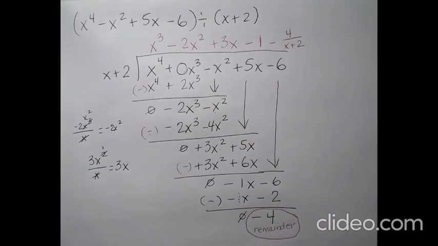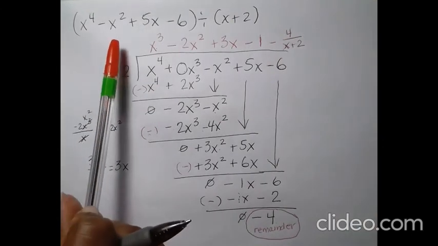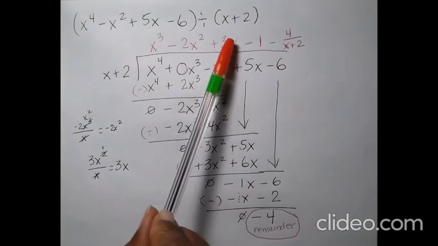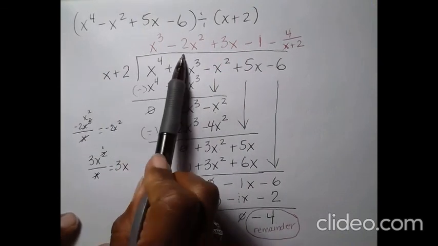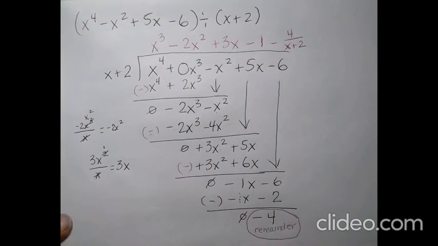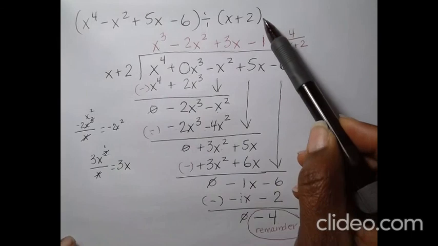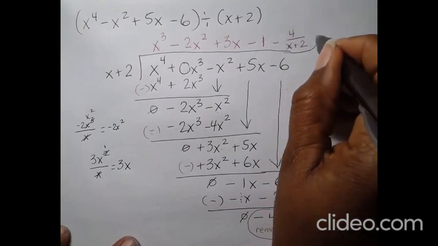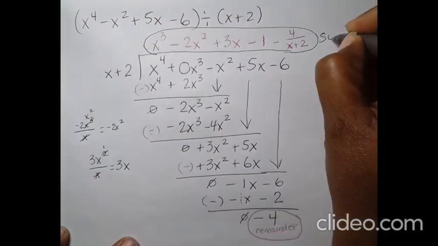So that is how we would write the solution to this equation here. X to the 4th minus x cubed plus 5x minus 6 divided by x plus 2 is x cubed minus 2x squared plus 3x minus 1 minus 4 over x plus 2. The way to check it would be to take all of this, multiply it back times the divisor, and then you should end up with this dividend here.